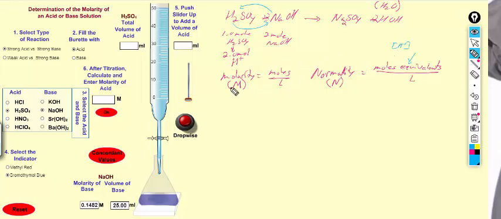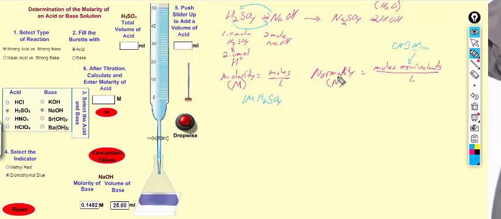So think about this. If we had a 1 molar H2SO4 solution, we'd have 1 mole of sulfuric acid per liter. That will give us 2 moles of hydrogens per liter, 1 mole of sulfur, and 4 moles of oxygen, right? Well, the equivalent is a hydrogen ion. So I just write here hydrogen, H+ ion, right?